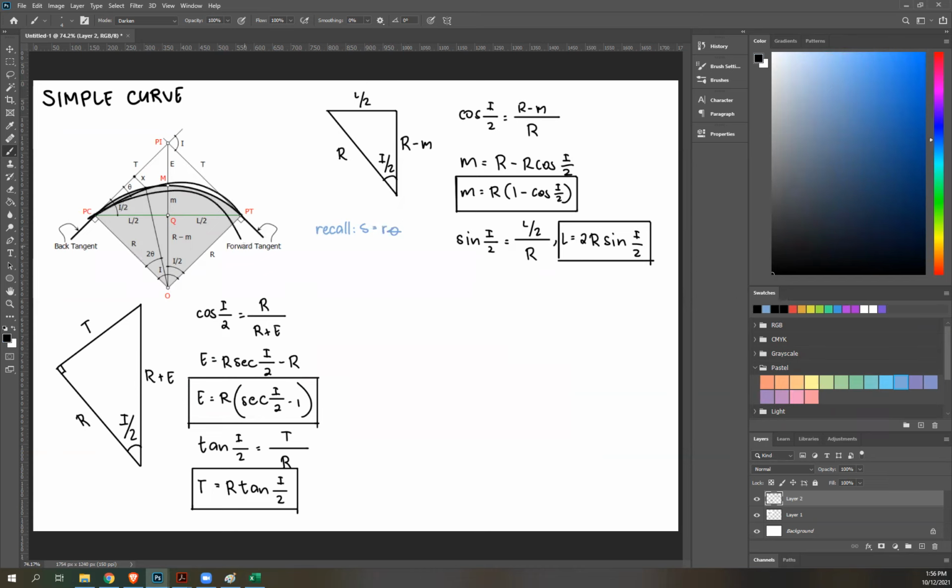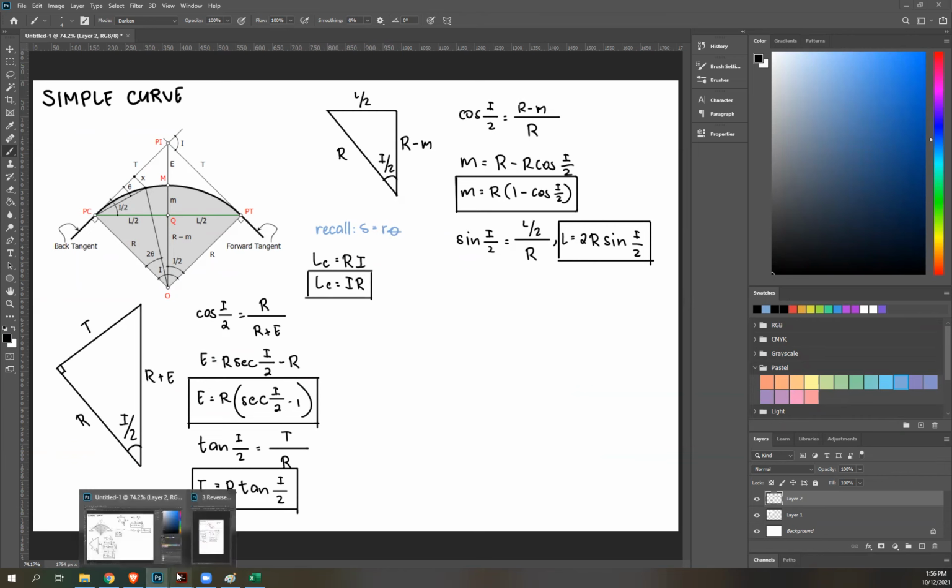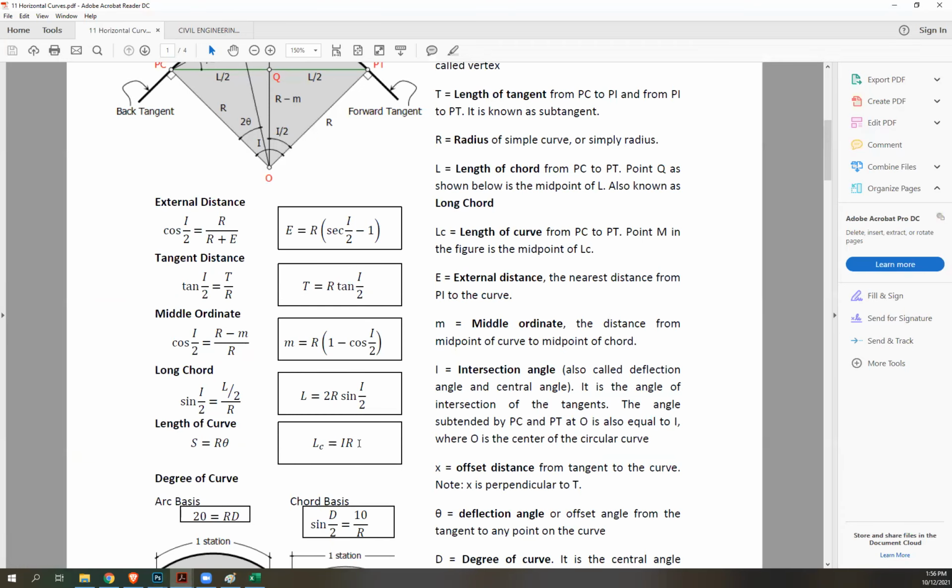Remember, the simple curve is also an arc of a circle, and our label for that is LC, length of curve. Okay, R is this capital R, radius of your curve, and theta is this, right? And that theta is I. So rearranging things, LC equals I R. So that's it, and that's the equation.